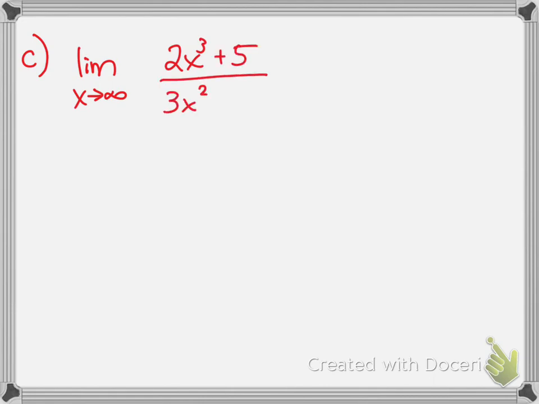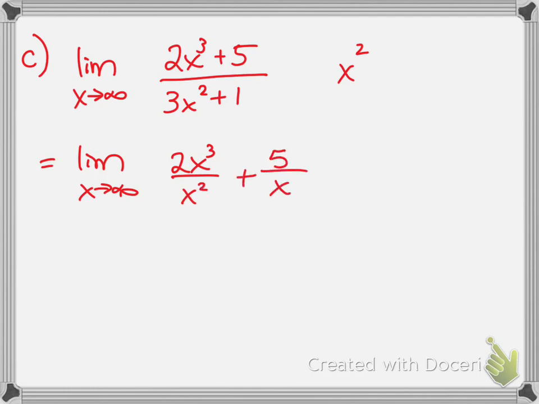All right, last but not least, we have the limit as x approaches infinity of 2x to the third plus 5 over 3x squared plus 1. The highest degree of x in the denominator is 2, so we're going to divide everything by x squared, and then we're going to simplify.